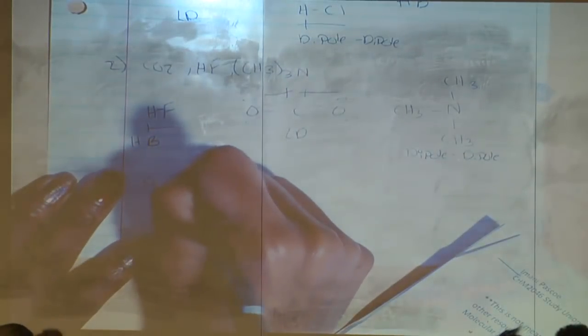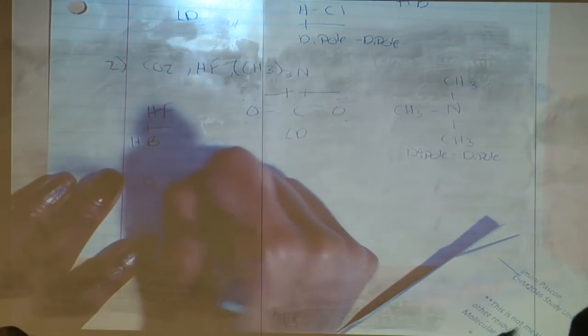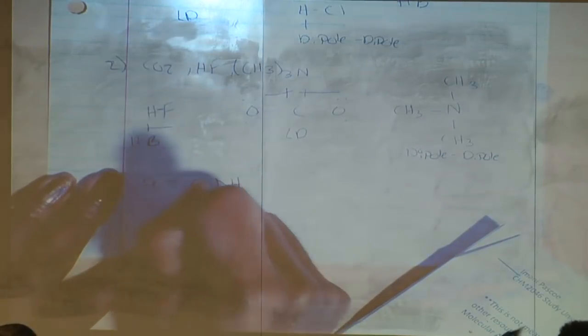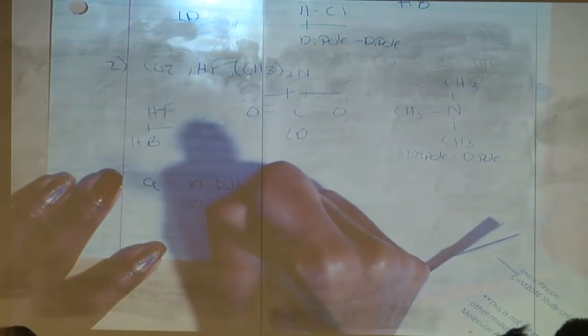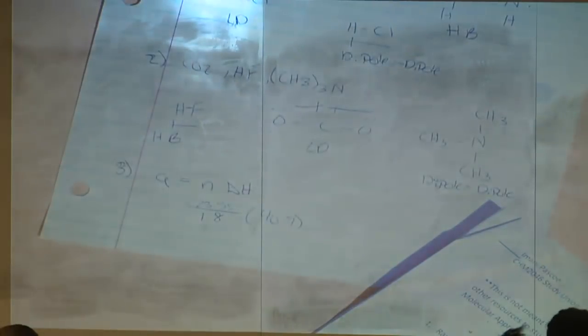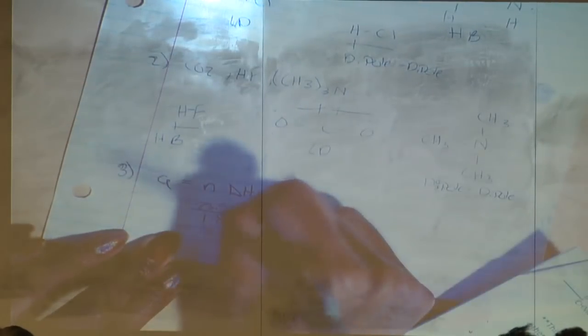So to find the moles, we're going to do the grams of water, which is 23.55, and then divide by the molar mass of water, which is 18. Then times the heat of vaporization. So we get 53.2. And that's A.